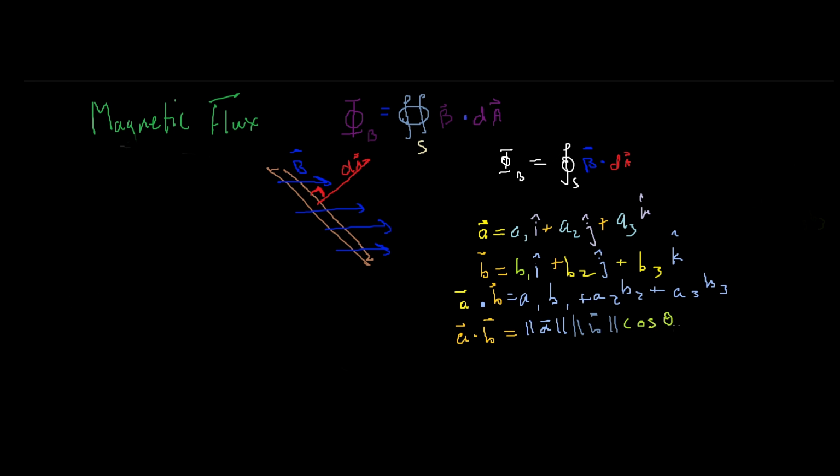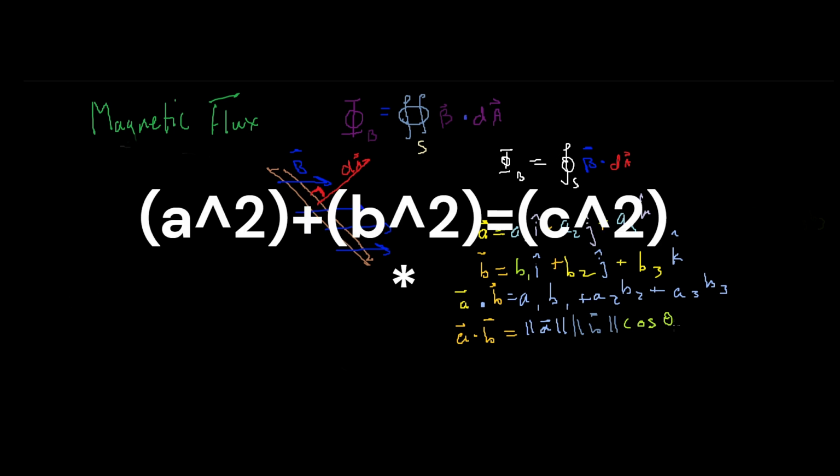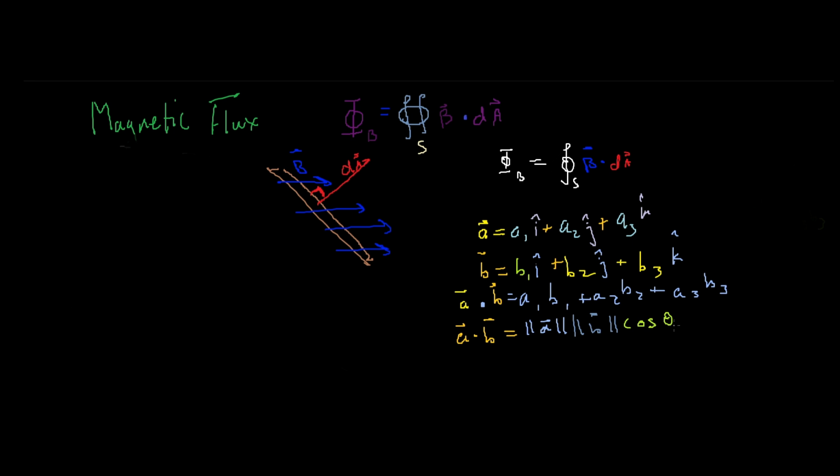The magnitude is just how long the vector is, and it comes from the Pythagorean theorem. It's like a squared plus b squared plus c squared, but in 3 dimensions. So the magnitude is the square root of all its components squared.